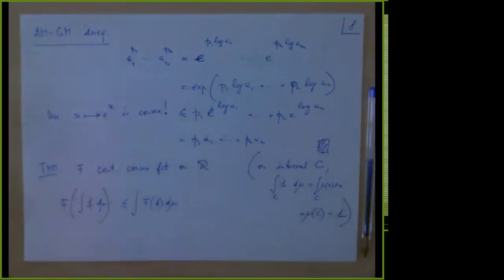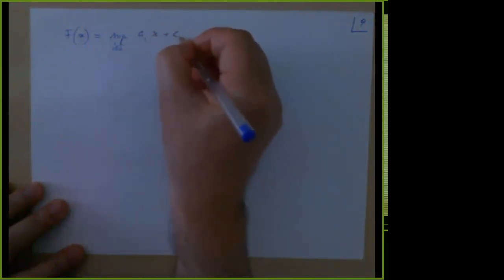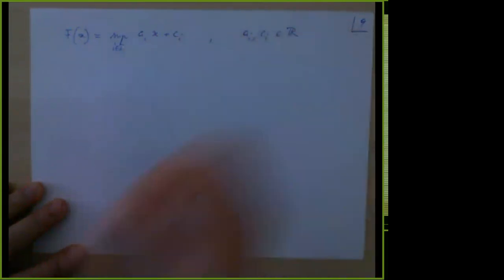Okay, so how do we prove this? I just give a one-line argument appealing to a theorem that I'm not going to prove. If the function f is convex and continuous, we can write f as the supremum of ai x plus ci, where ai and ci are real numbers.